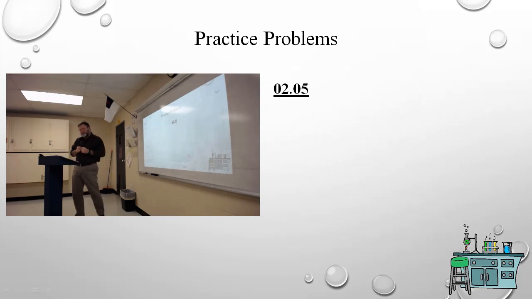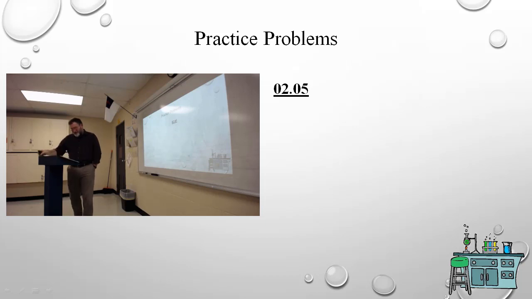Number 5. In making calcium nitride, so you can actually write the formula for that now, right? It's got calcium in it. It's got nitrogen in it. It's ionic because it doesn't use mono, di, tri or anything like that.